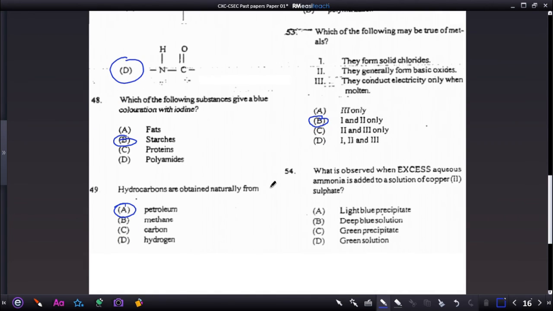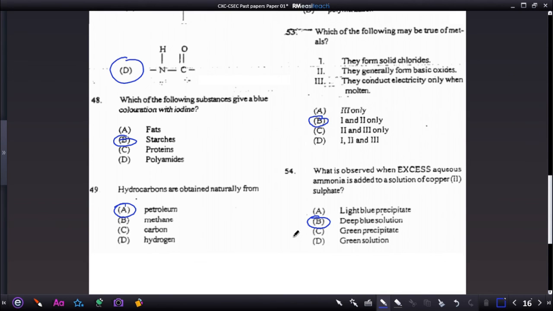54. What is observed when excess aqueous ammonia is added to a solution of copper sulfate? Referring to qualitative analysis, adding aqueous ammonia to a solution that copper sulfate is suspected to be in, we would see a dark blue solution of the copper ammonium complex, not a precipitate.